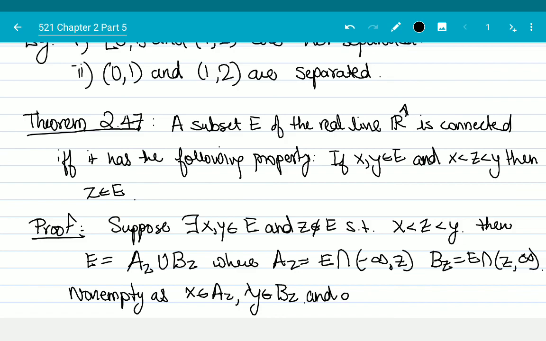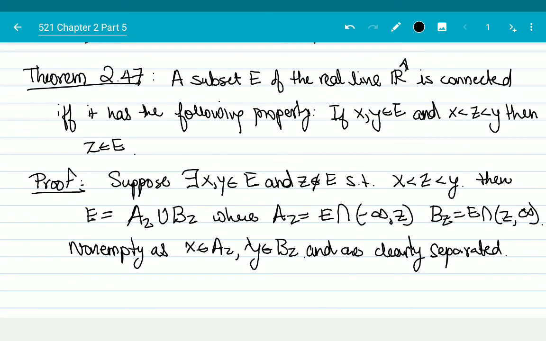The closure of BZ is at most going to be the closed interval z to infinity, that does not intersect with AZ. The closure of AZ is going to be a subset of negative infinity to closed Z, that does not intersect with BZ.